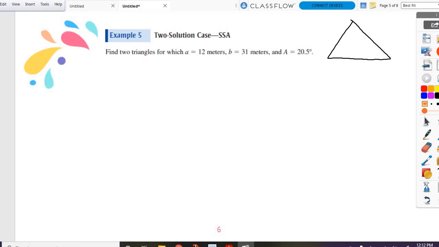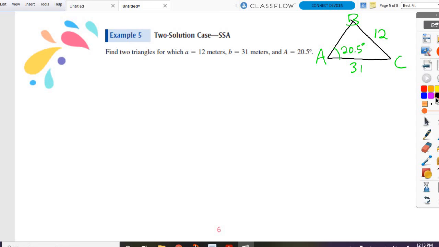This time they give us that A is 20.5 degrees, little a is 12, little b is 31. So again, what do we have enough information to find?